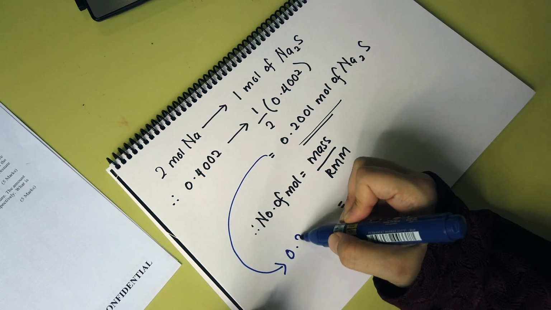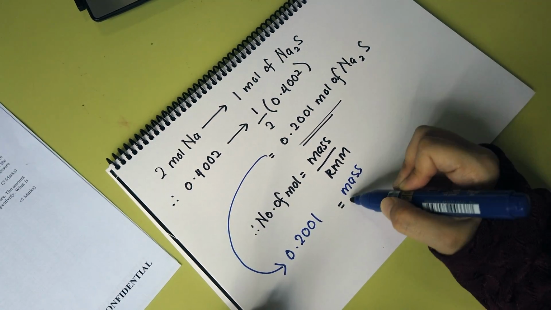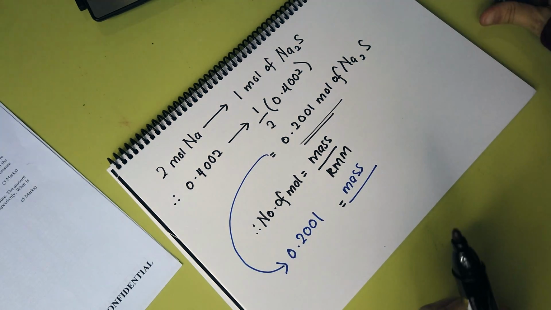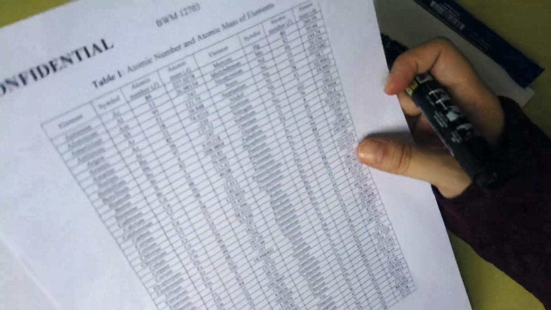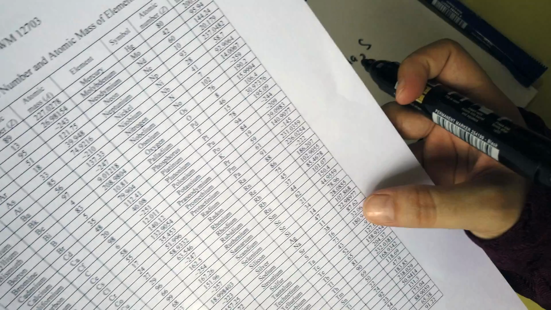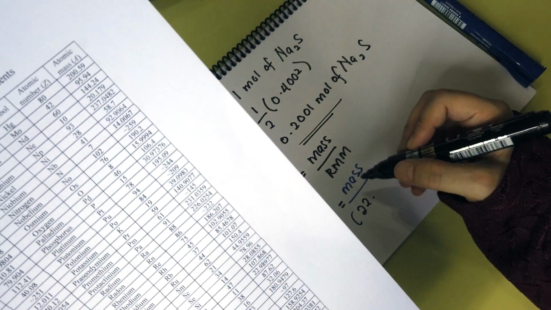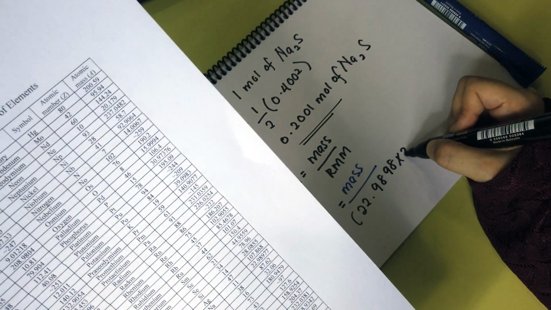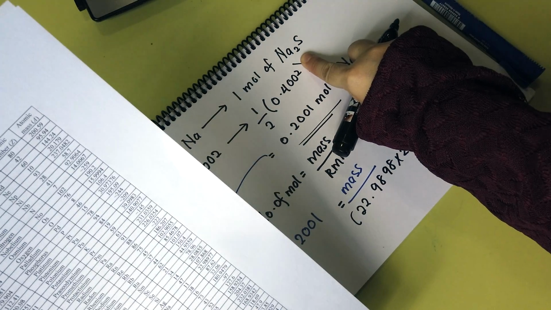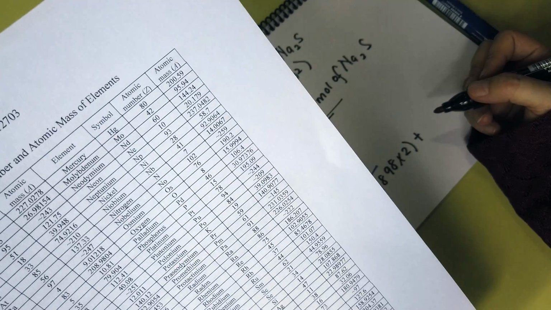So 0.2001, so mass. Let's calculate the RMM for Na2S. From here, you should look at the sodium here. So 22.9898 times 2 because of Na2, plus sulfur.